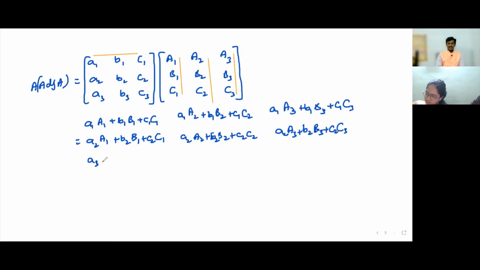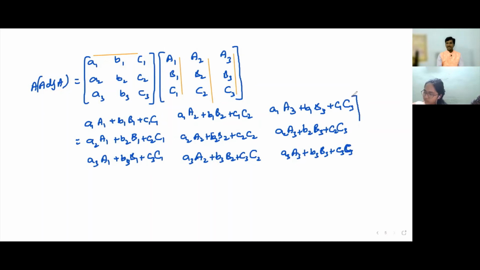Next, A3 A1, B3 B1, C3 C1. Third row with second column: A3 into A2, B3 into B2, C3 into C2. A3 A3, B3 into B3 and C3 into C3.